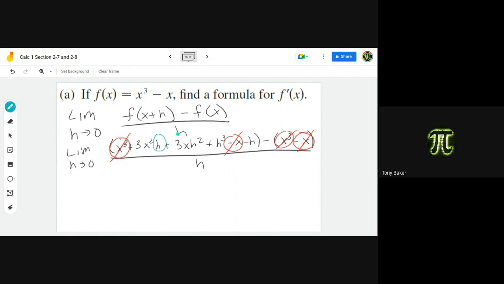Now you should notice that in every part you have left, we have an h. And we have an h on the bottom. Okay, so I can cancel out an h from everything.